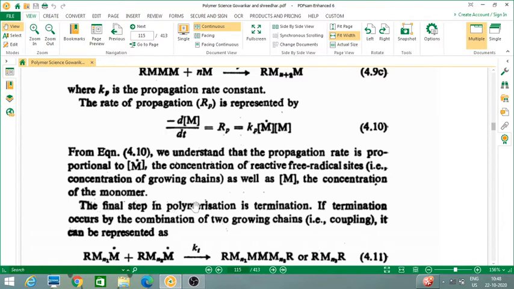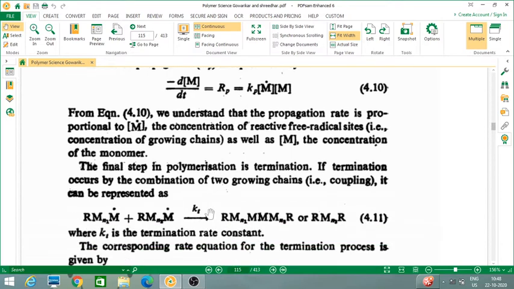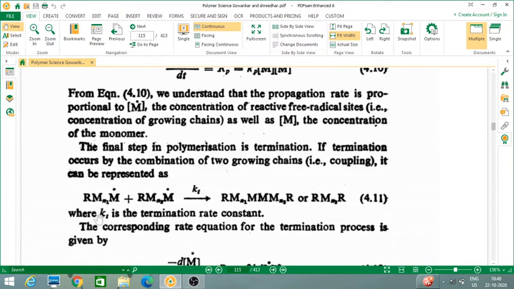The final step in polymerization is termination. If termination occurs by the combination of growing chains, that is coupling, it can be represented as follows: R M(n1) M star and R M(n2) M star, and they couple to give R M(n1) M M(n2) R. This is the termination rate constant.